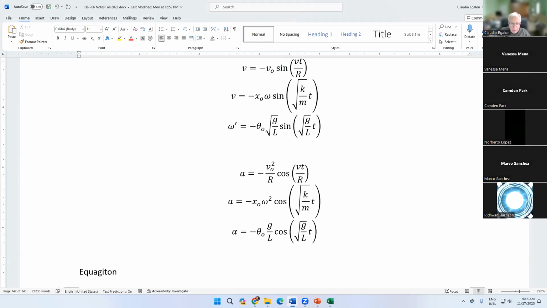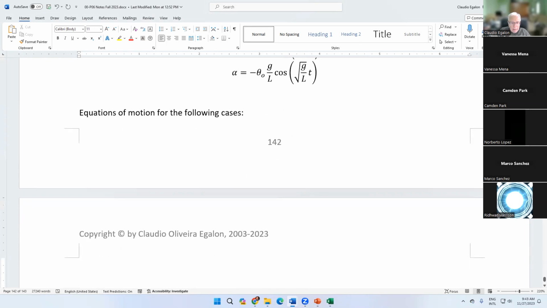Equations of motion for the following cases. One, the X component of the position of a mass undergoing uniform circular motion.